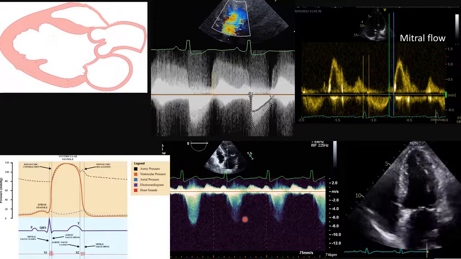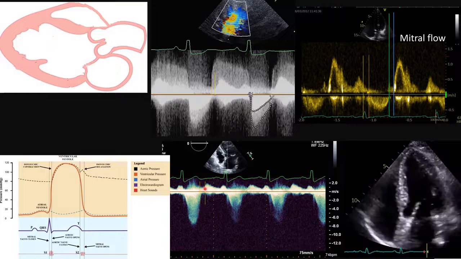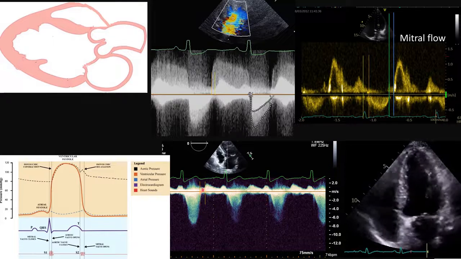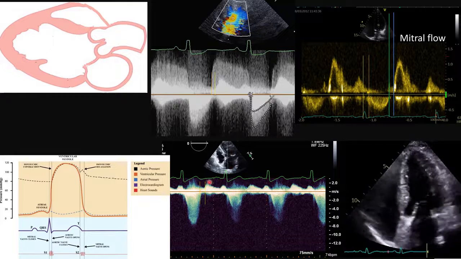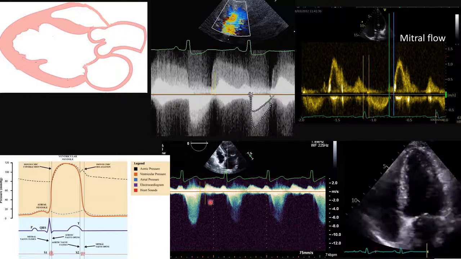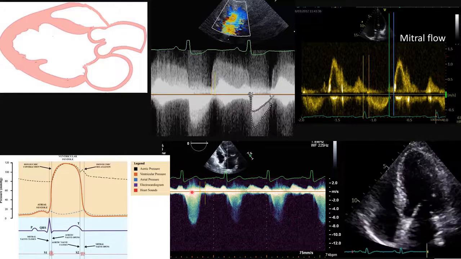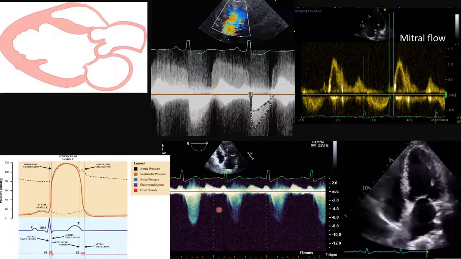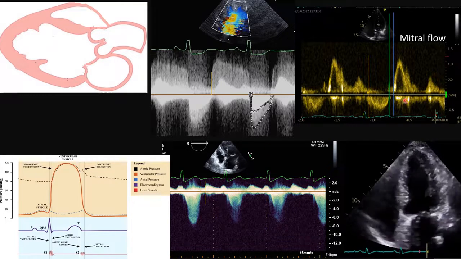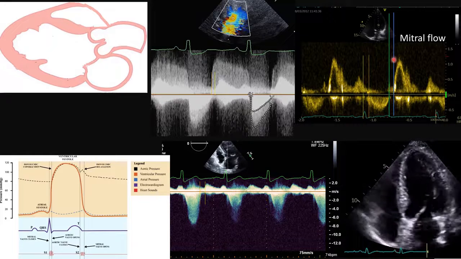Or here the same, you can see between the ending of the blood going toward the aorta, this is ending, and starting of blood going to the left ventricle, here the E wave, there is a gap between them, or distance, that we can measure. Isovolumetric contraction time. Between the finishing and starting, here again the same.